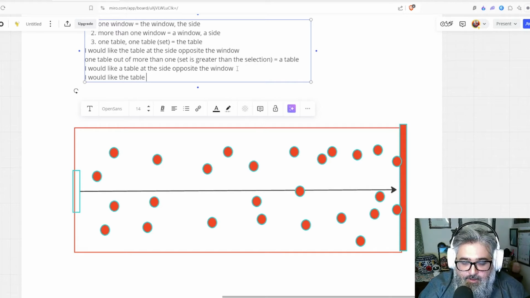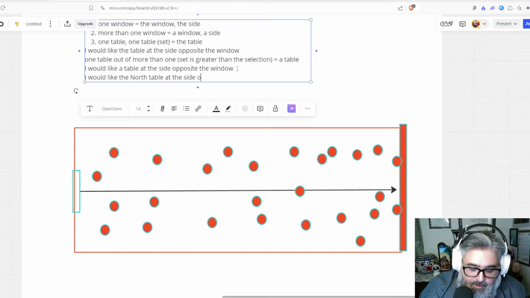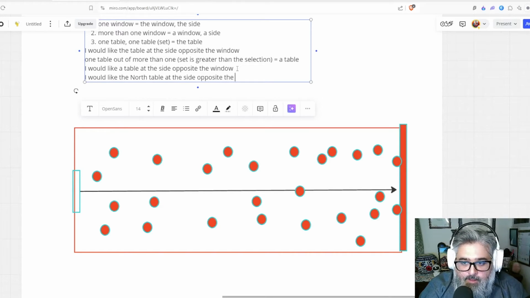The north table at the side opposite the window. All right, there we go.